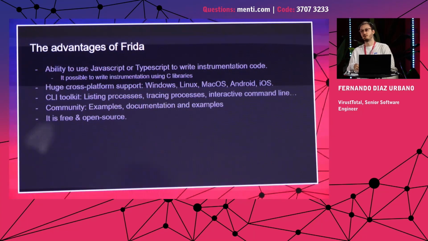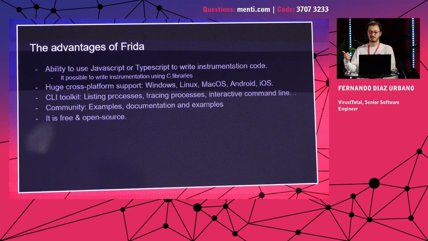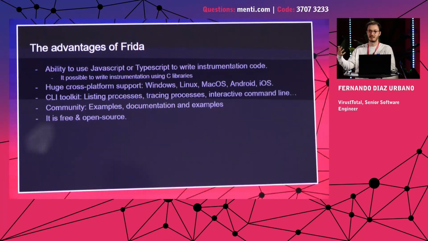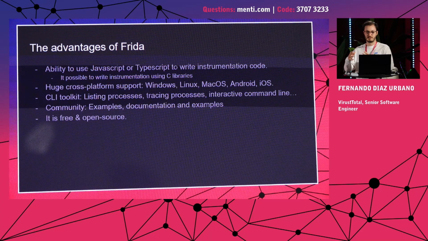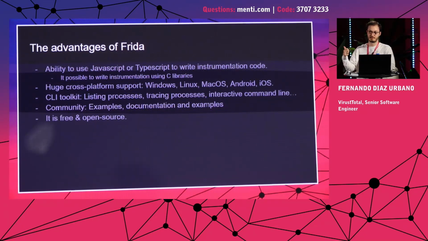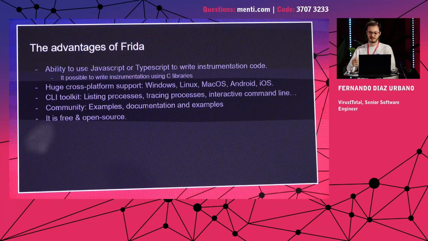So essentially, what advantage do we have over the other frameworks? As I mentioned before, you can use JavaScript and you can use TypeScript. But we are not limited to these two programming languages. We can use C directly, but it kind of defeats the purpose of using Frida, because what we want to do is write instrumentation code very quickly. And of course, there's huge cross-platform and cross-architecture support. It's not only x86, we also have ARM and MIPS; there are several architectures that we have access to.